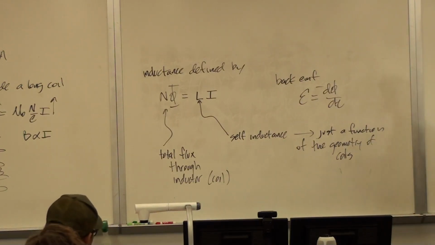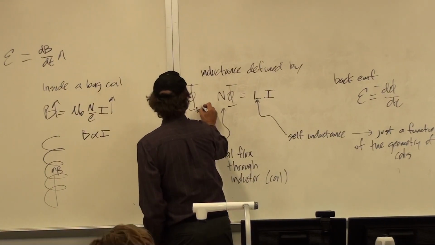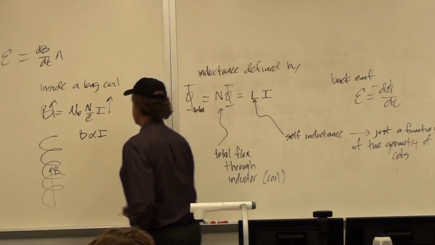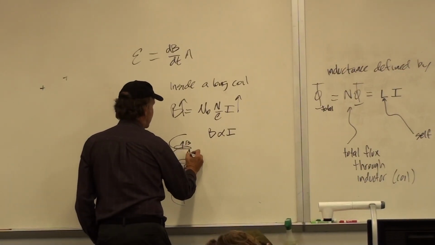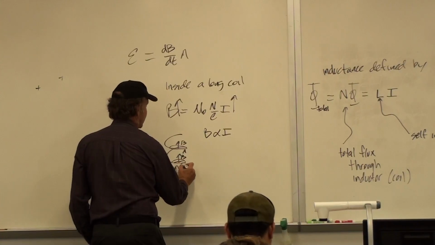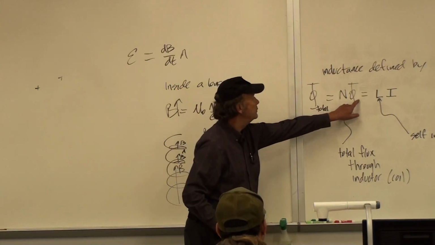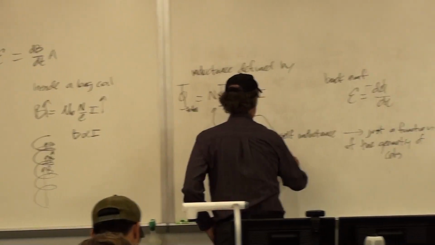Okay, and so this is the total flux through N turns. So in other words, this is the flux through one turn. This is B, this is A, but then you've got N of those. So you've got N times the flux through one turn. I'll write that here, flux through one turn.